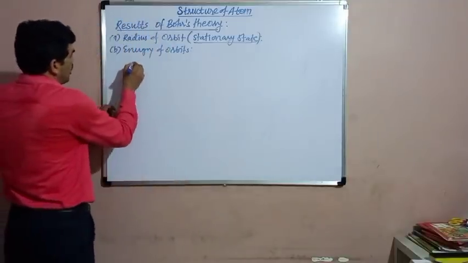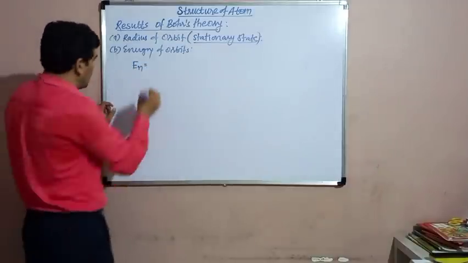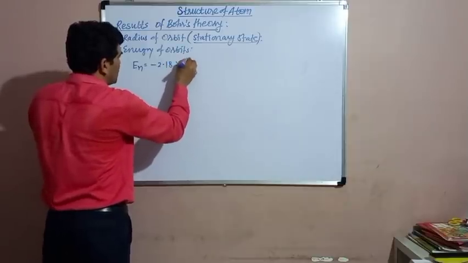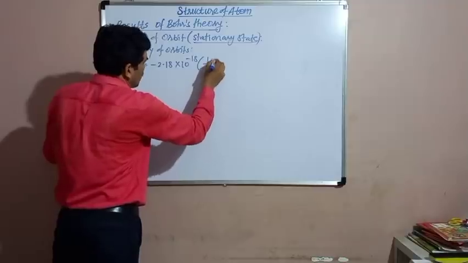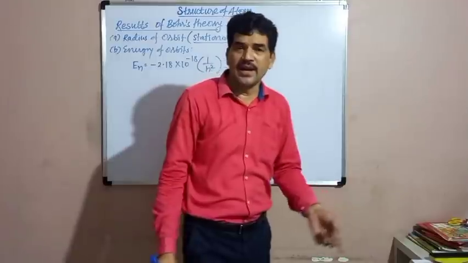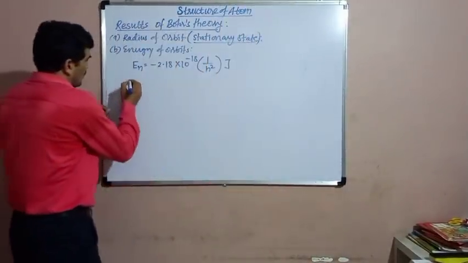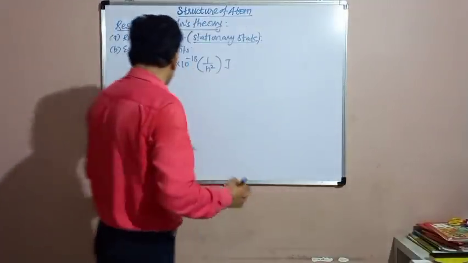The energy of any orbit is given by En equal to minus 2.18 into 10 raised to power minus 18 into 1 by n square joules. This is the formula to calculate the energy of any orbit in the hydrogen atom. It is the formula applicable for hydrogen atom only.